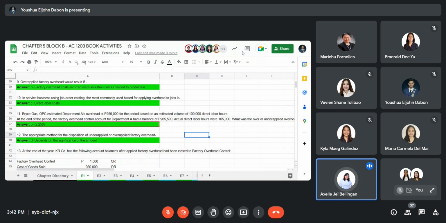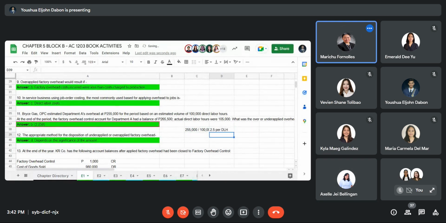You divide 255,000 over 100,000, giving you 2.55 per direct labor hour. How many direct labor hours were used?